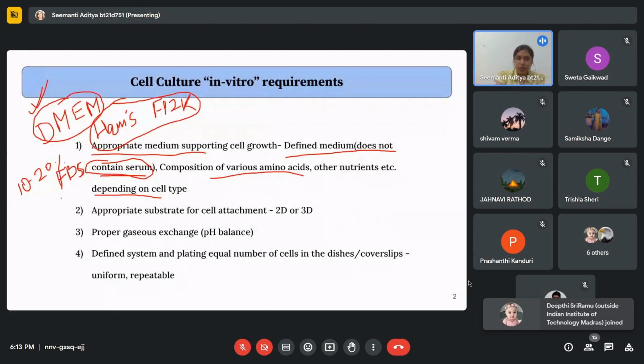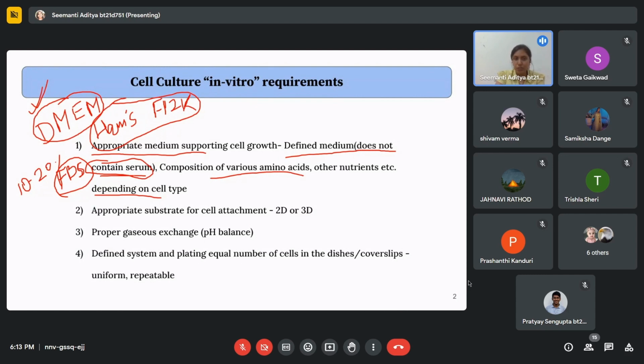So there is also one process where we inactivate the FBS, so that the proteins, which we are basically taking from a calf, might not interact with the human cell lines or mammalian cell lines that you are working on. Just to inactivate those proteins we have to inactivate FBS.